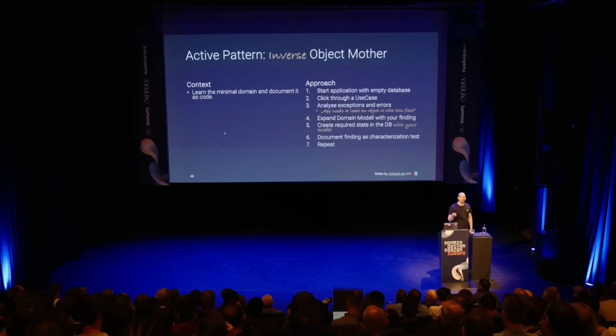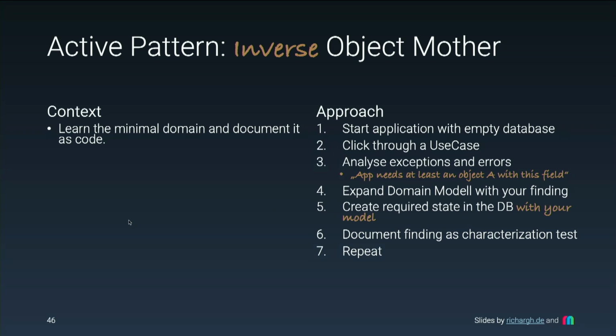What can you do? Well, you can do a thing called the inverse object mother. You start your application without anything in a database, and it will crash. And then you figure out why did it crash. It probably requested something you had to have in there. Then you put that in the database, you start your application again, it will crash, again and again.